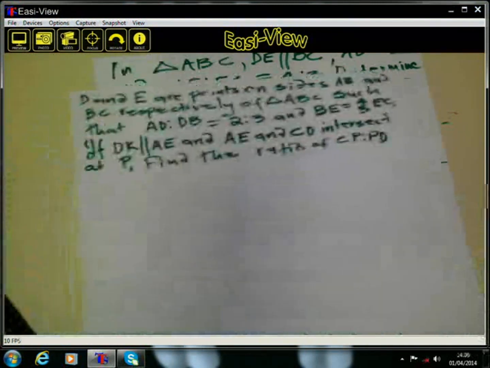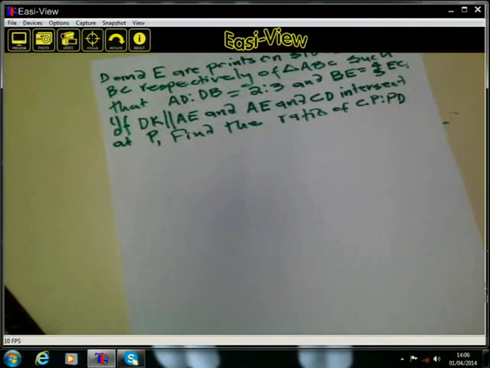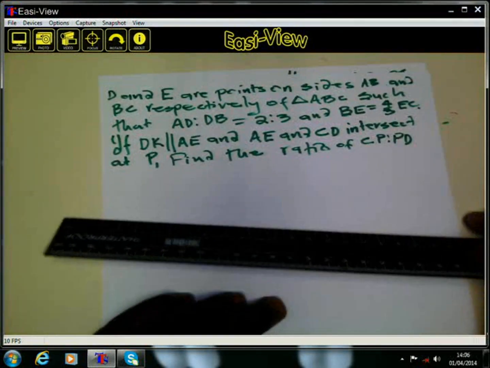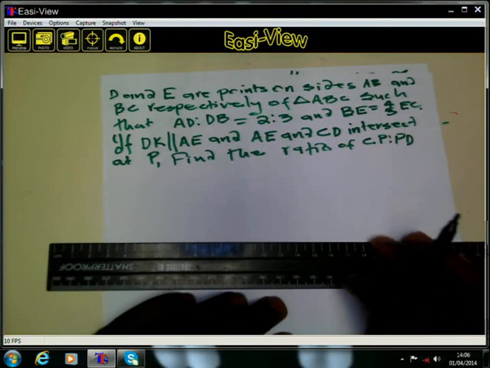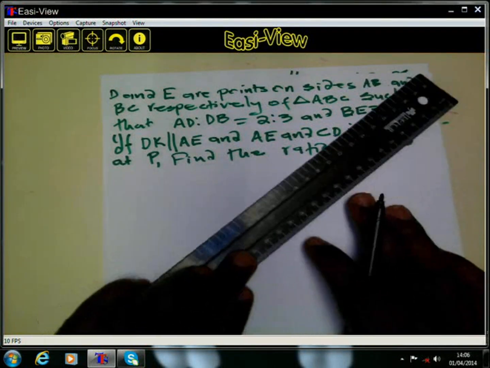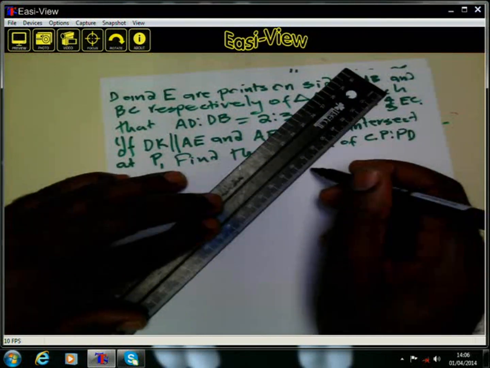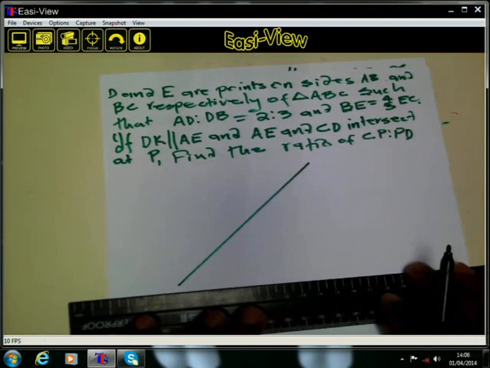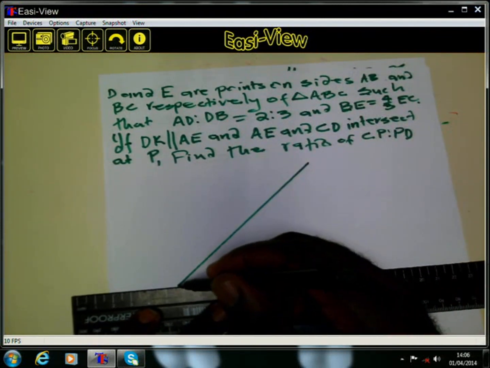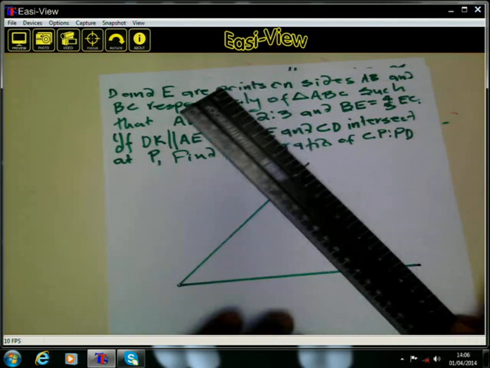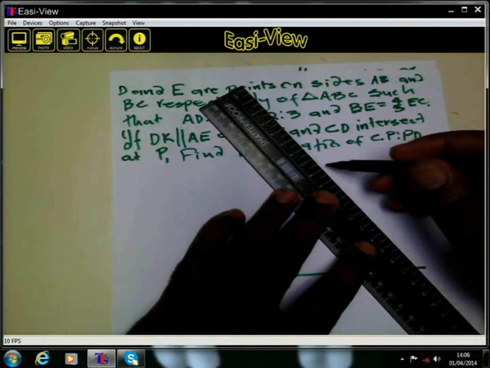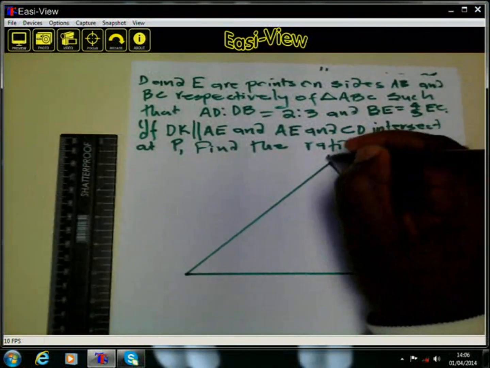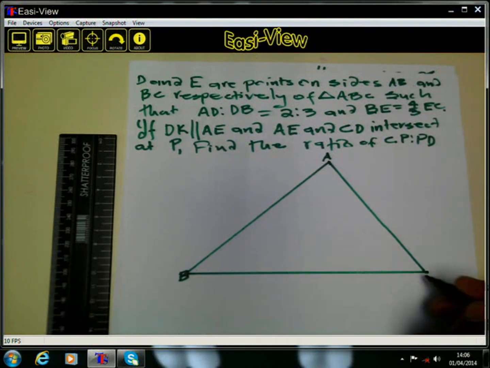The question I'm going to leave you with before we can even introduce that reads: D and E are points on side AB, and let me quickly draw that so that you can see what it is that I'm talking about. I'm having a triangle here, which is triangle ABC.